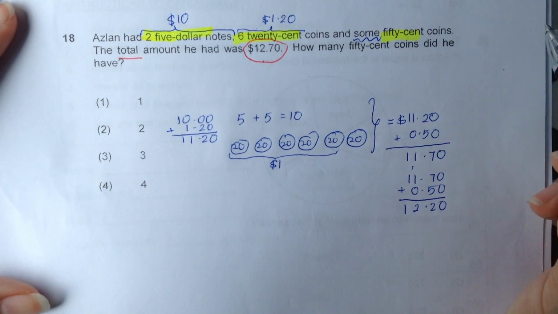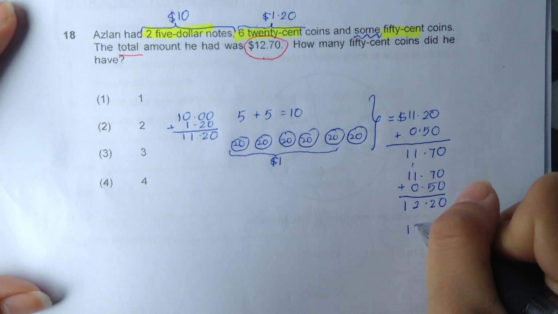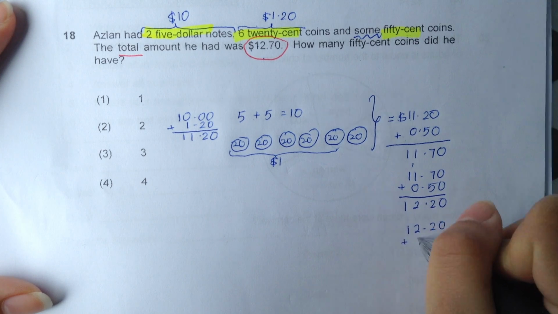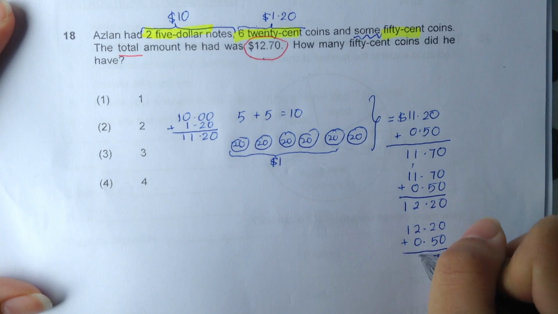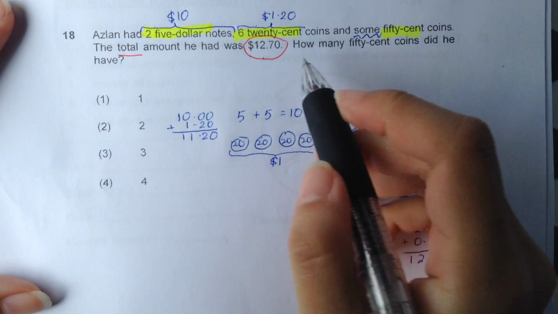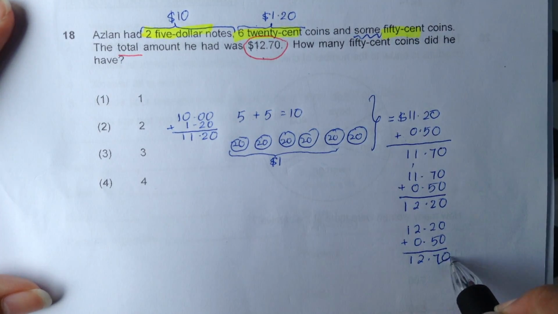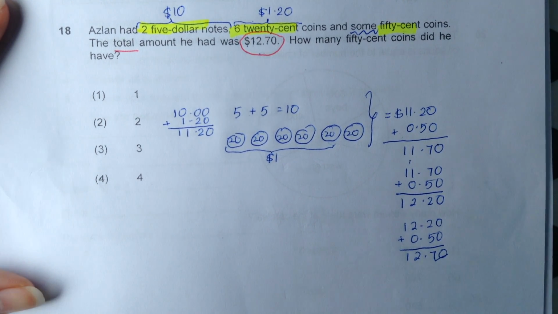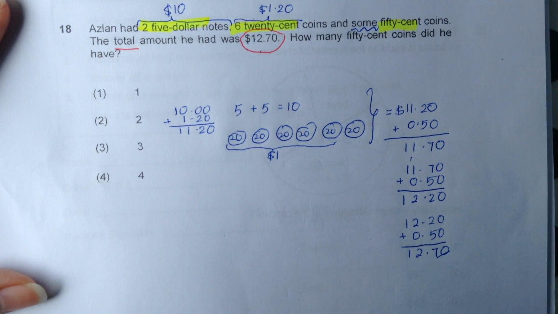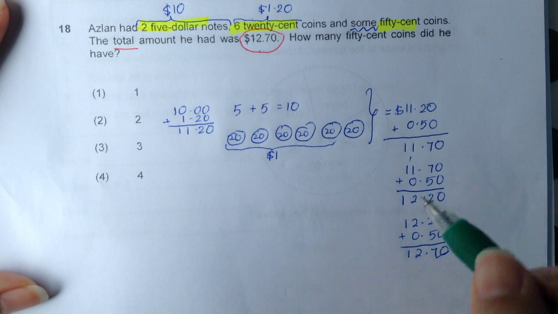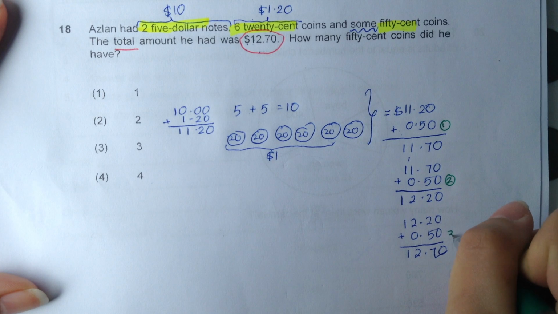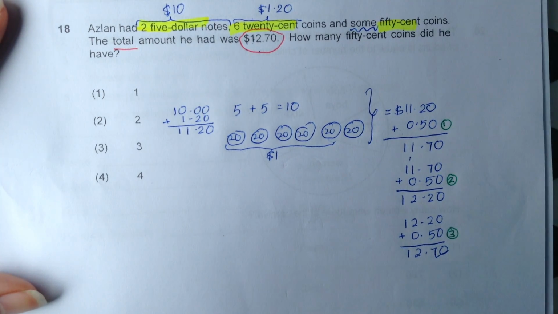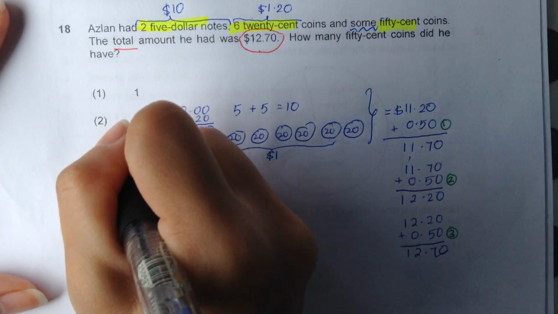Enough? No. So let's continue to add one more 50-cent coin. $12.70. Enough? Yes, good. Done. So how many 50-cent coins do you use? 1, 2, 3. So he actually has 3 50-cent coins.